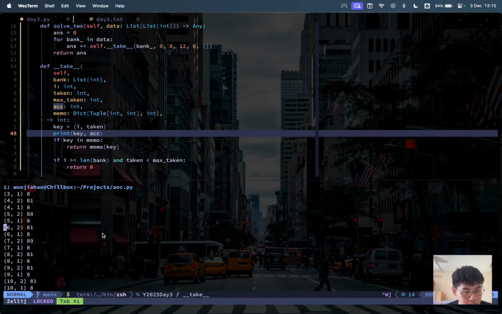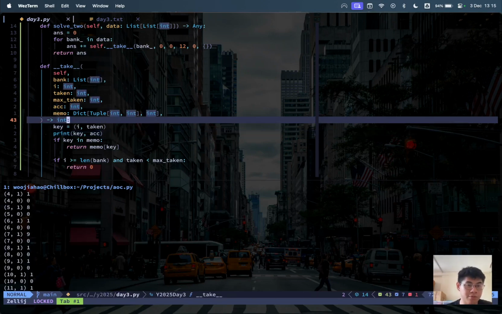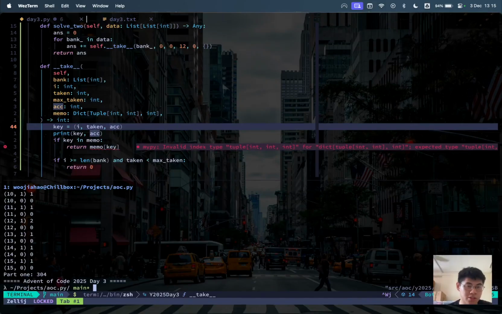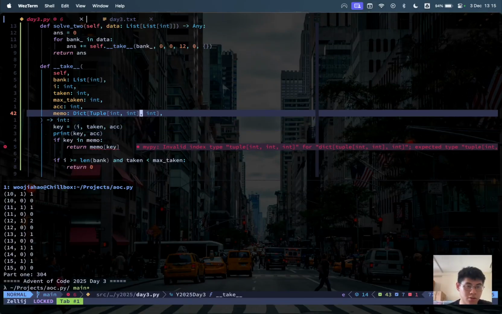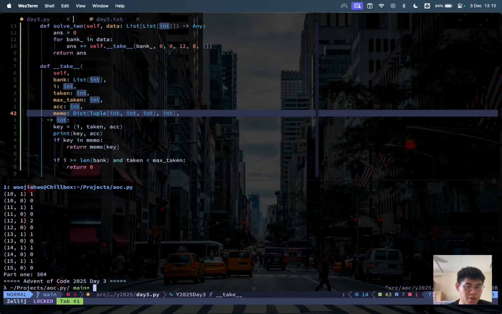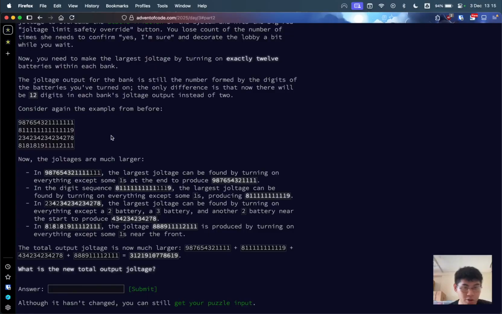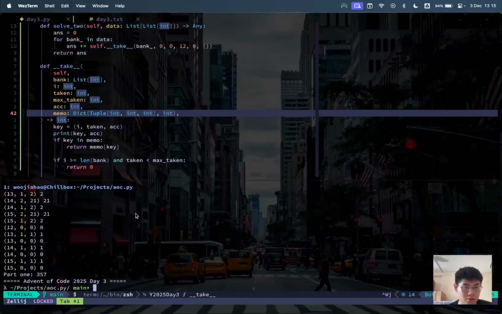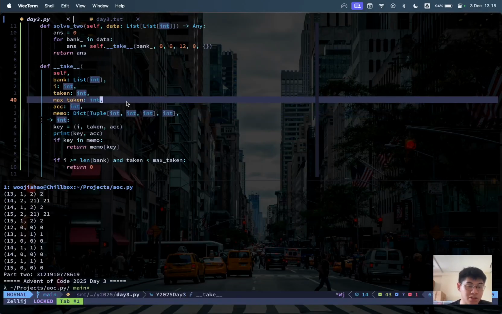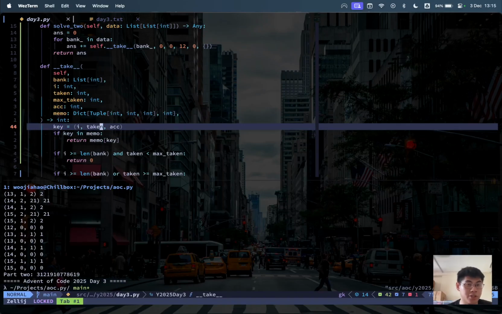You can see here that it produces 88. 89 is one of the produced answers. I wonder if we need to account for the accumulator as well. Maybe. 357 and 321619. Yeah, so we did have to include the accumulation as well.